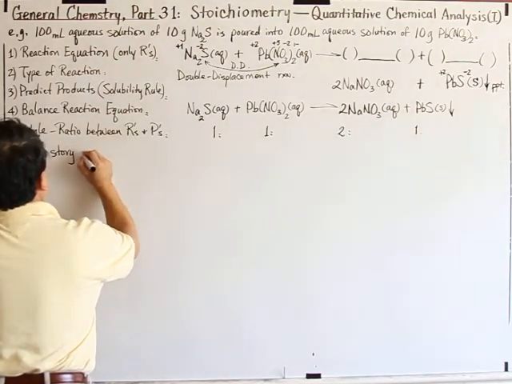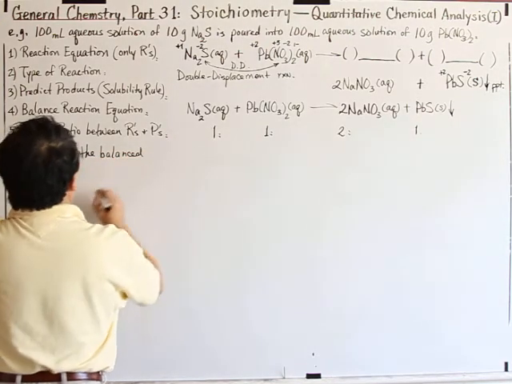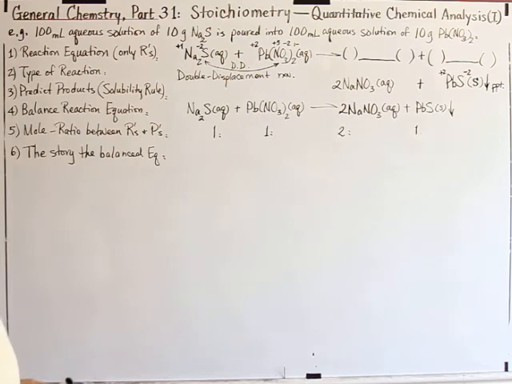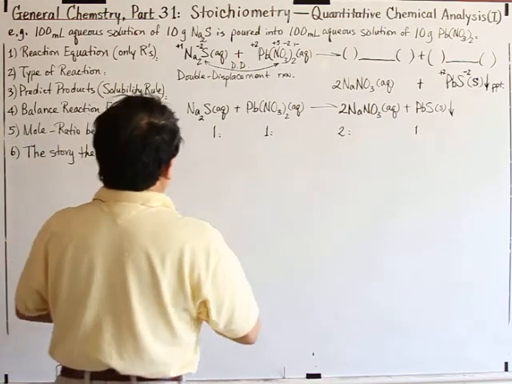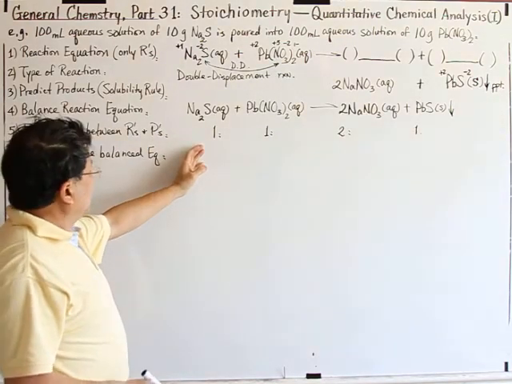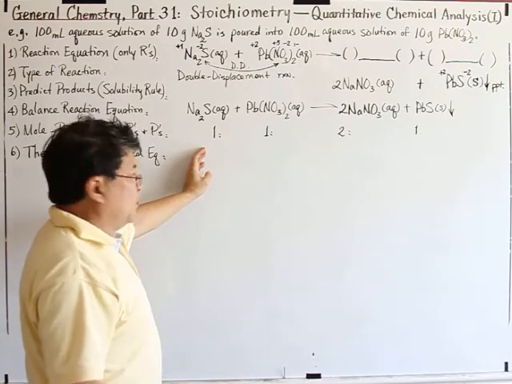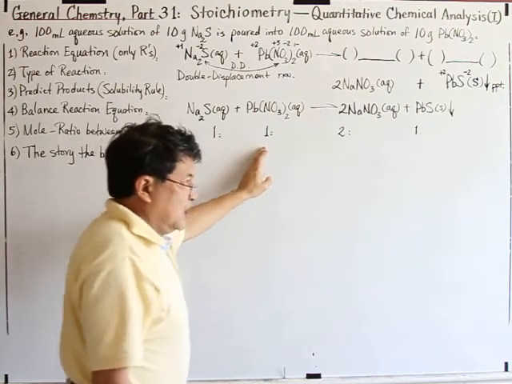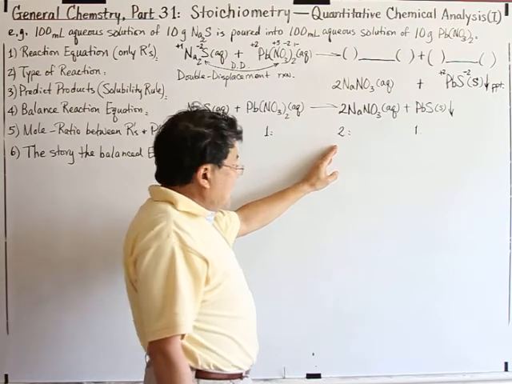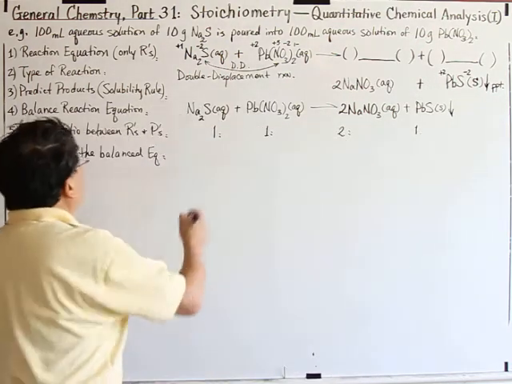The story is this: if we have 1 mole of sodium sulfide, it can react completely with 1 mole of lead nitrate in order to produce exactly 2 moles of sodium nitrate and 1 mole of lead sulfide solid. Right, that's the story.